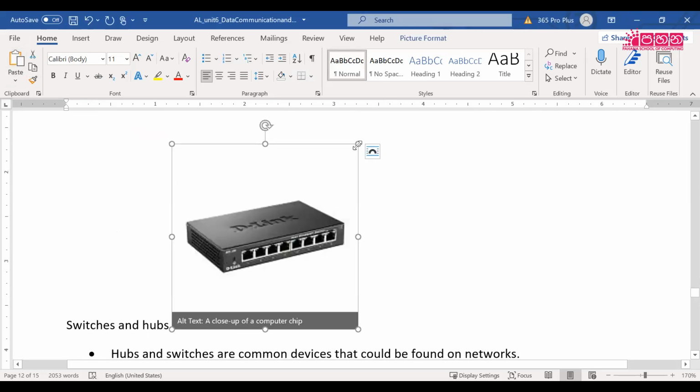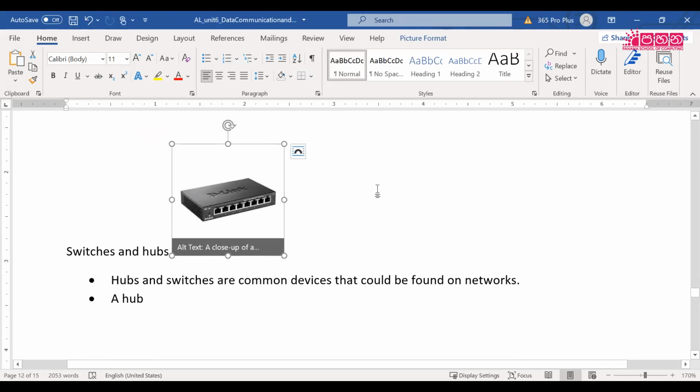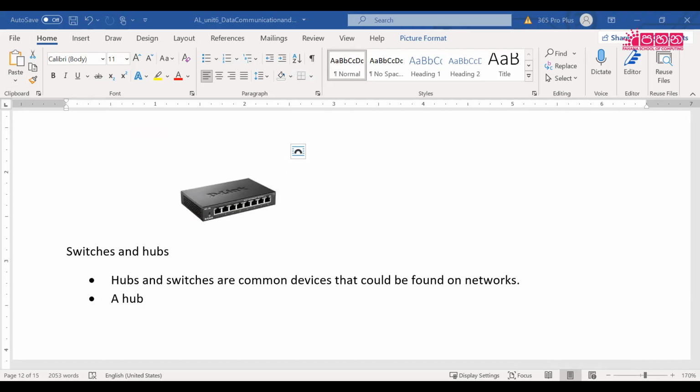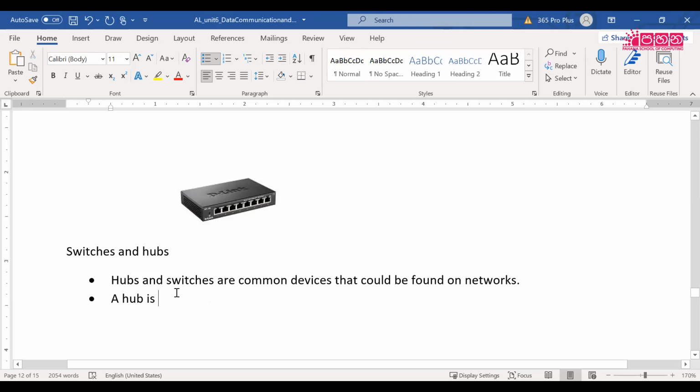Yes, so something like this. So this is a hub, right? Look, the look and feel will be the same. I told you, it's one of the devices you could find in a network, right?